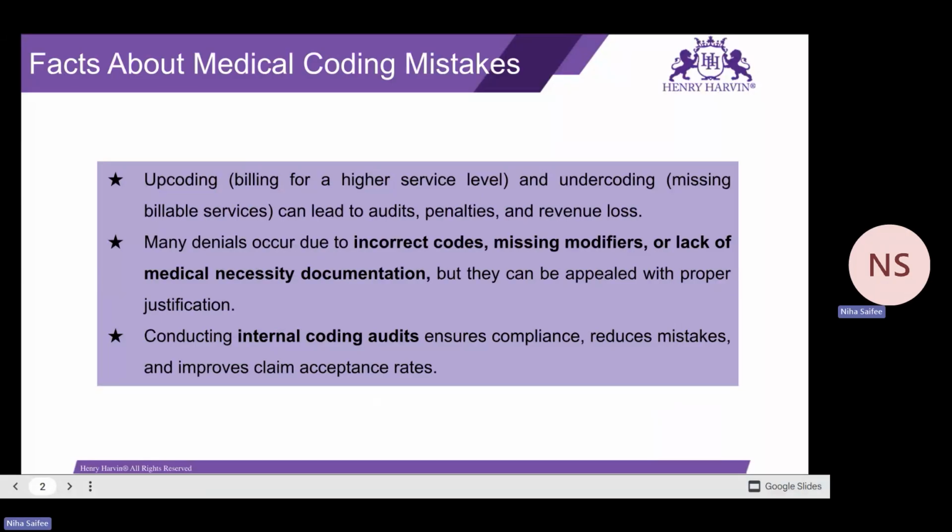Now, when we talk about insurance and the revenue cycle, anything related to that, we always have some incident or news where a fraud has happened, because there are some ways where you can easily commit fraud.